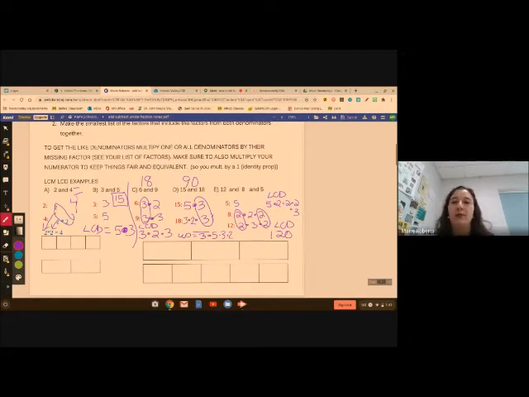If I want to know what to multiply the 8 by, this is the 8, 3 2's, I would multiply it by the leftover 3 times 5. If I wanted to know what to multiply the 12 by, which is 2 times 3 times 2, this is the 12, I would multiply it by the 5 times 2, which is 10.